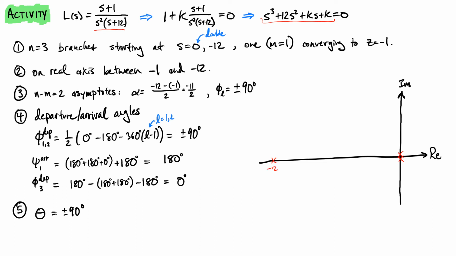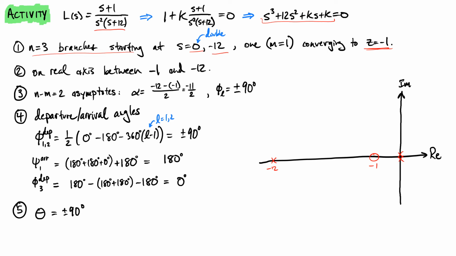We have a 0 at minus 1, just like we did before. And so what we know is that we're going to have 3 branches, and they're going to start at 0 and at minus 12. One branch is going to converge to the 0 that's located at s is equal to minus 1.